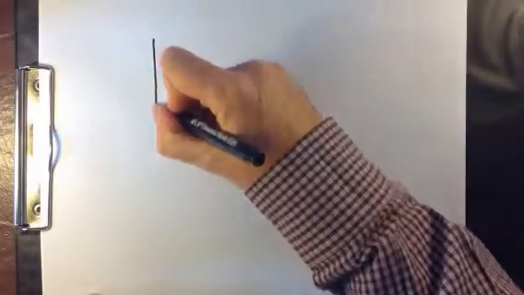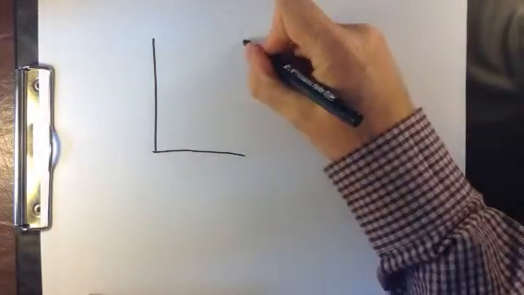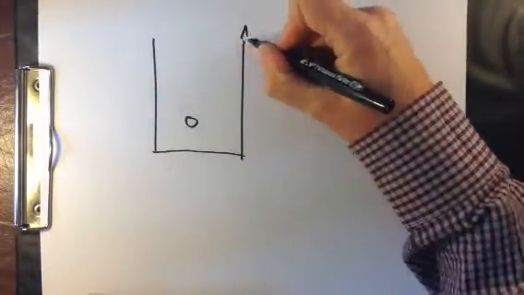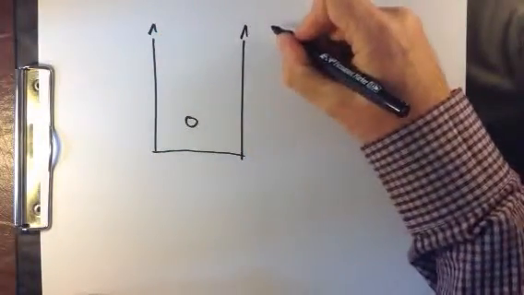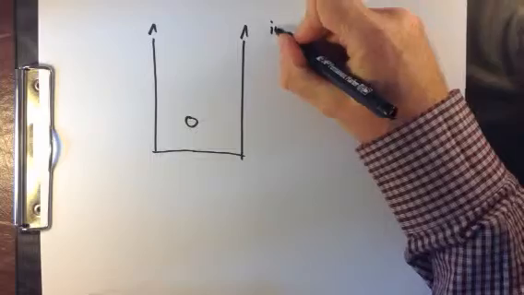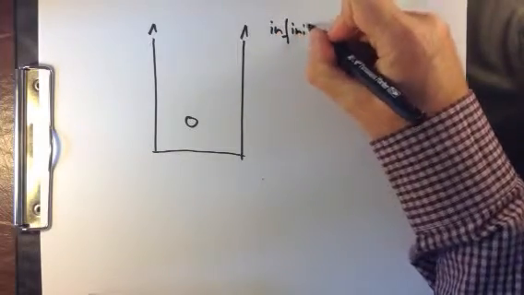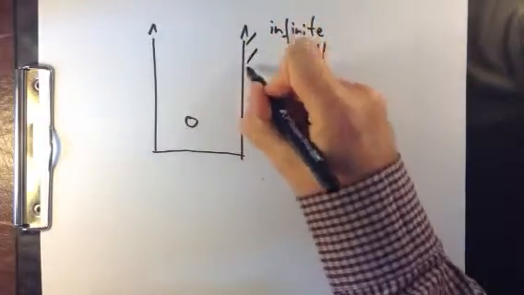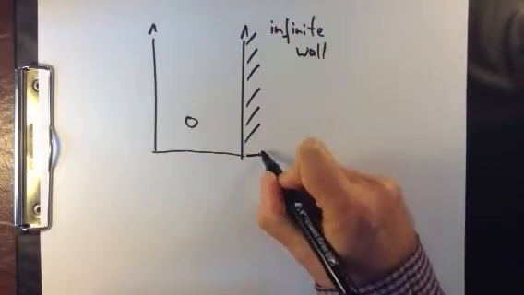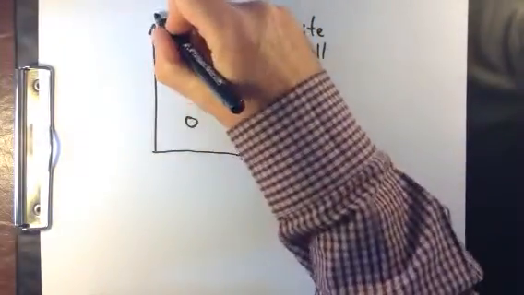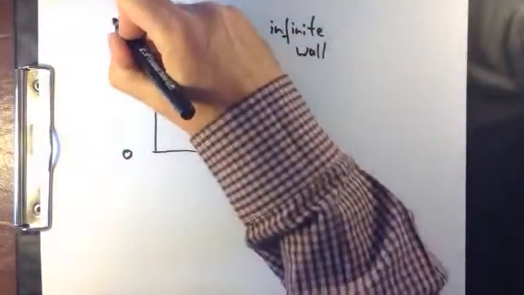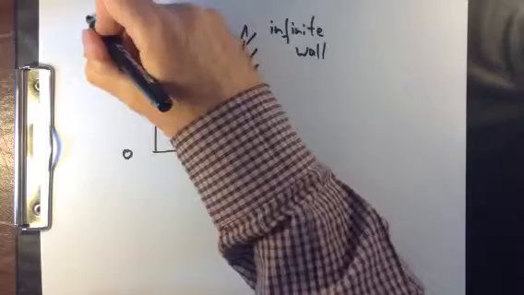It is an example of the particle in the box problem, whereby the box may have infinitely high walls. The walls are potential walls. They go from zero potential energy to infinite potential energy.